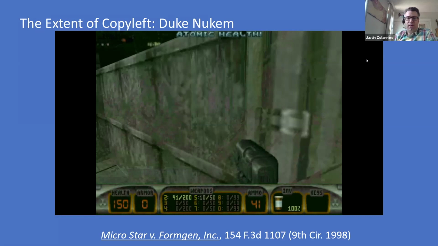The first reason is that the only thing these map files would be good for is to be played on Duke Nukem. So there's a tightness of integration between the map file and Duke Nukem. It's not like you could take this map file and put it into another game like Street Fighter or whatever, and that game would know what to do with it. There's no standard way of doing that.